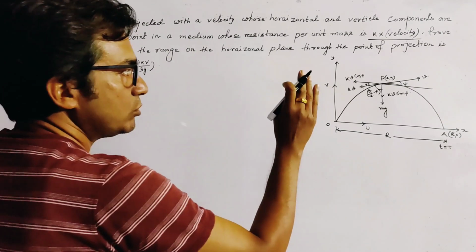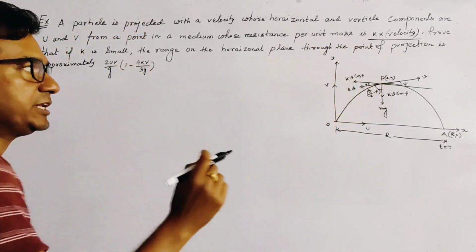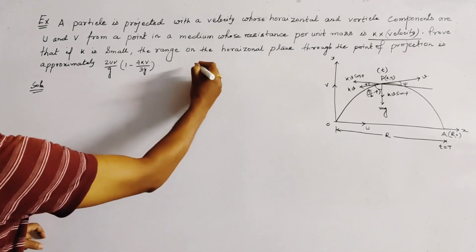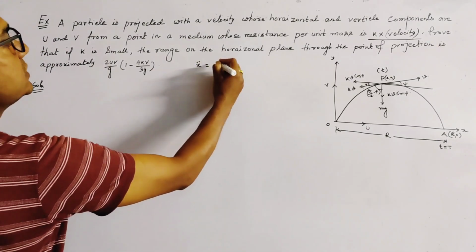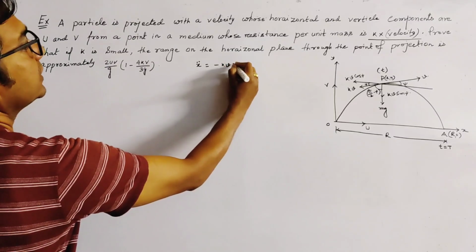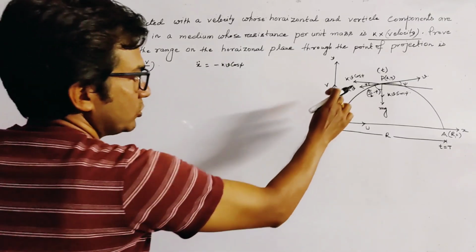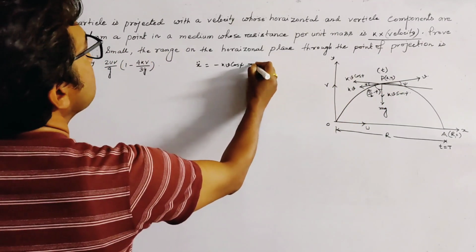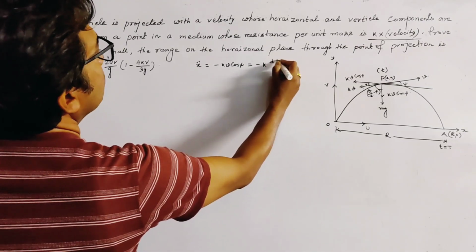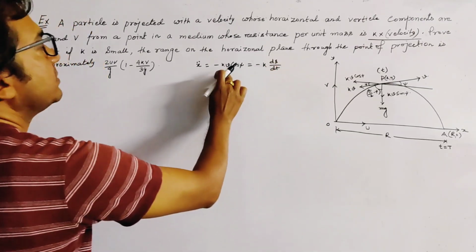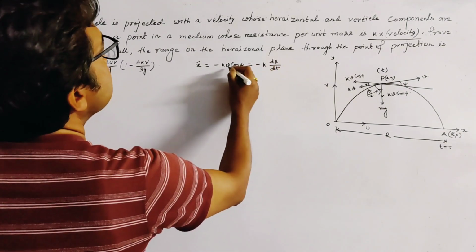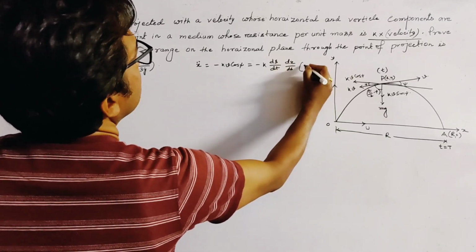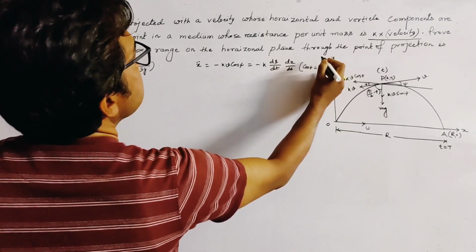Now we write the equation of motion of the particle at any time t. At any point (x, y), x double dot is equal to minus kv cos psi, because kv cos psi acts in the negative direction of the x-axis. This can also be written as k into ds/dt, the velocity, times cos psi. Cos psi means dx/ds, as we know from differential calculus.